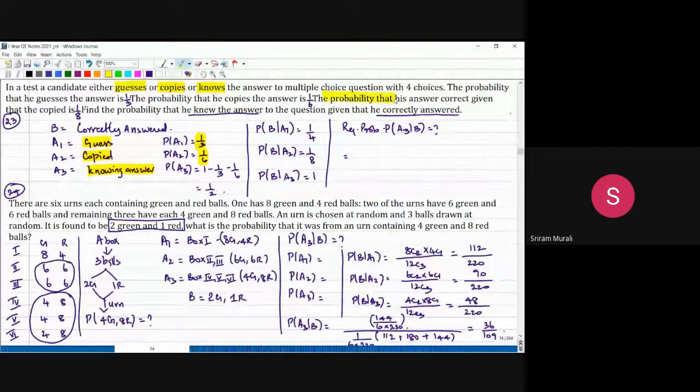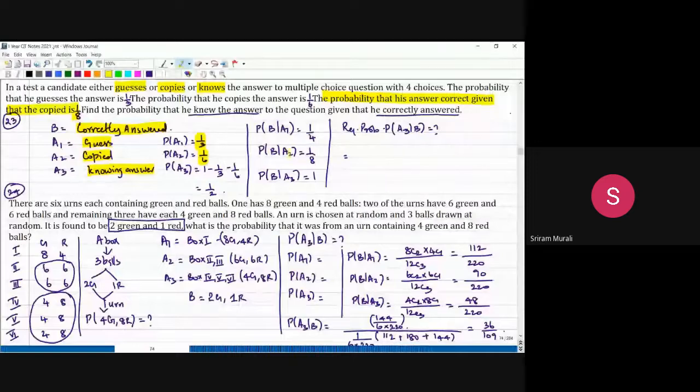Next, the probability that his answer is correct. Answer correct is B. That B is the common event. He correctly answers. Now a doubt comes to my mind: he answered rightly, but did he guess, copy, or know the answer? So B, correctly answered, is common. Is it related to A1 or A2 or A3? So the probability that his answer is correct given copied.